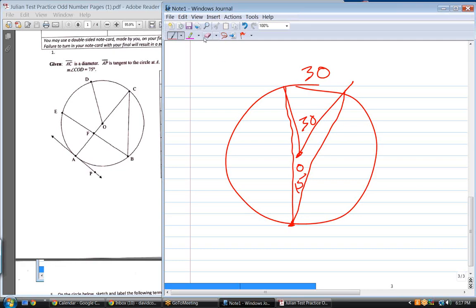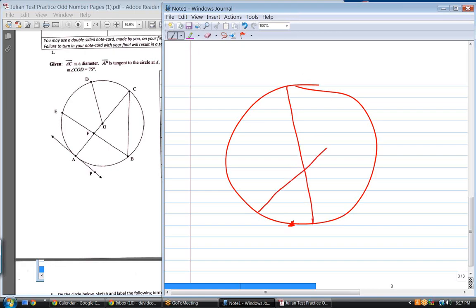Okay. And then we have other rules that say that if you have two intersecting chords, this angle right here, which is the same as this one, is equal to this arc plus that arc divided by 2.